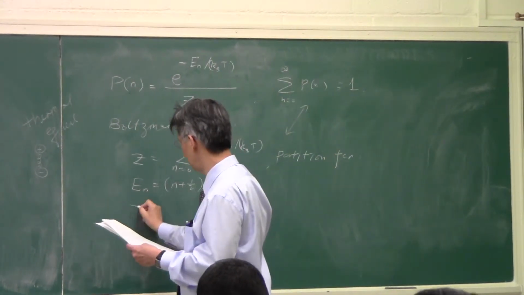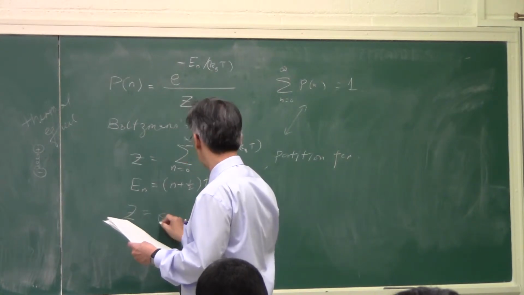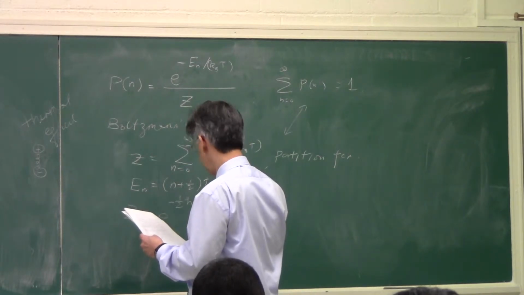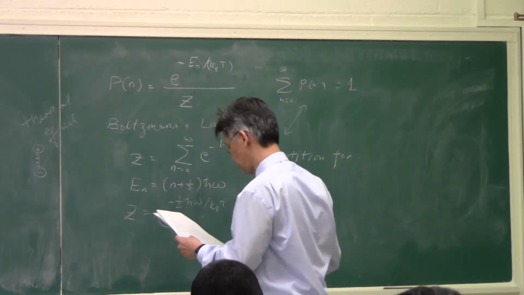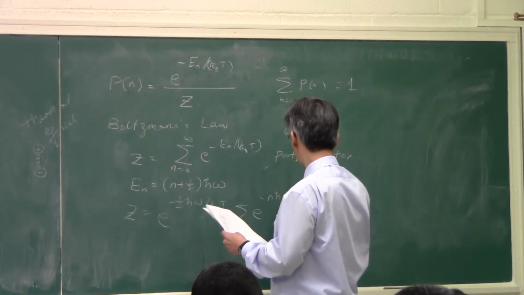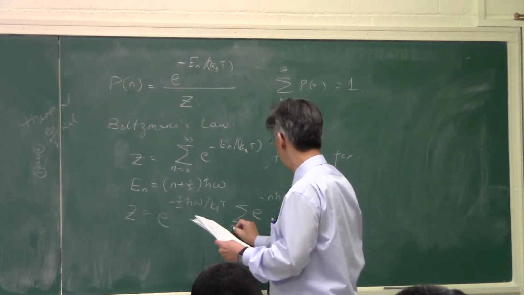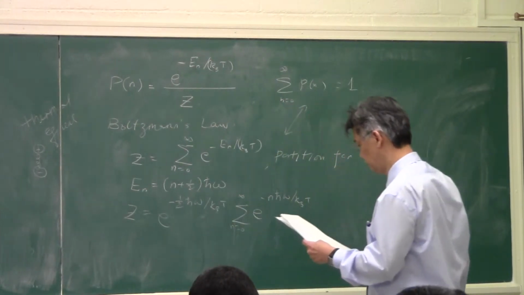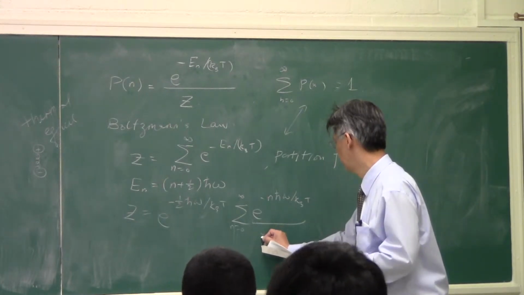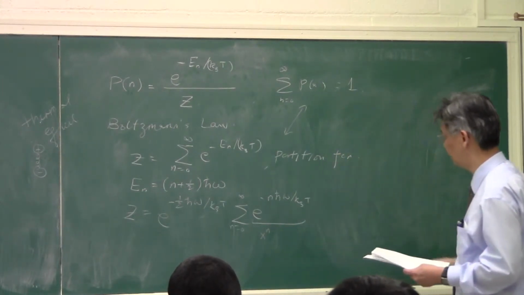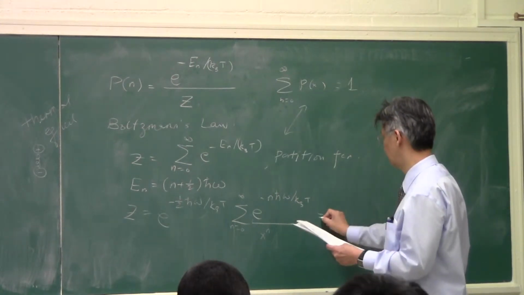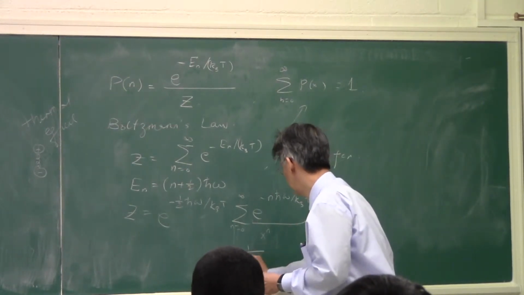And if you plug this into the partition function, then you can show that this is equal to e to the minus half h bar omega over kBT, times the sum over e to the minus n h bar omega over kBT, n equals 0 to infinity. You can sum this. This is just x to the n, where x is e to the minus something, and you can sum this to 1 over 1 minus x.